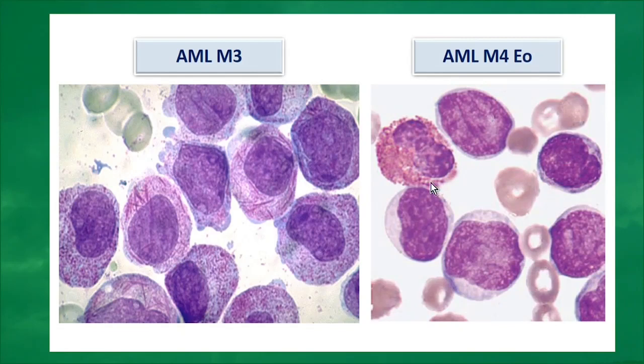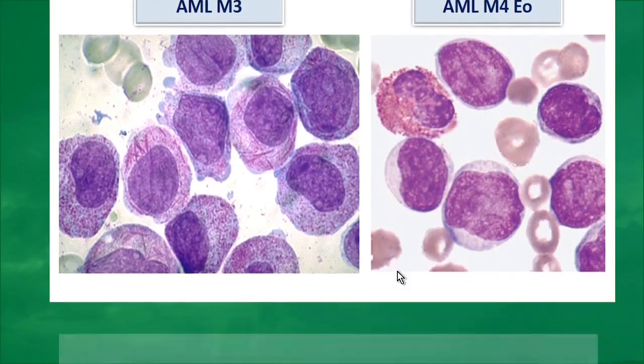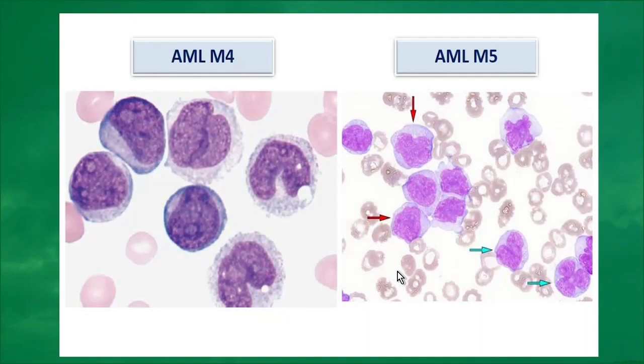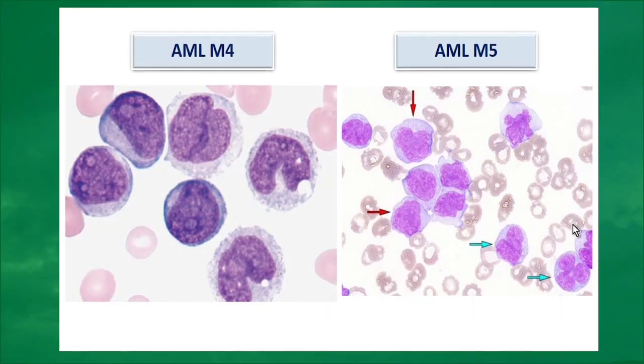And these are blasts, large cells with large nuclei, multiple nucleoli, open chromatin, granular cytoplasm, and Auer rods. APML or AML M3. Eosinophilic blasts, then M4, M5. Again, these look almost like monocytes.